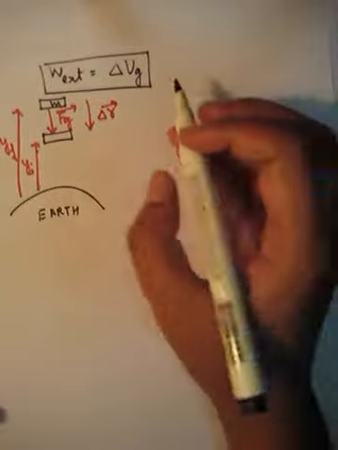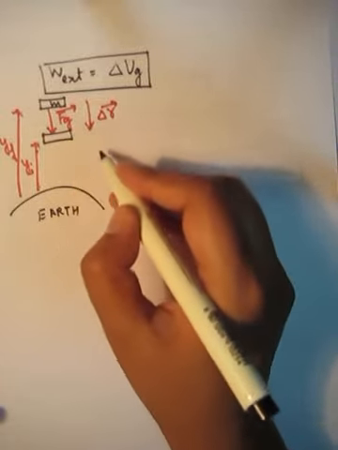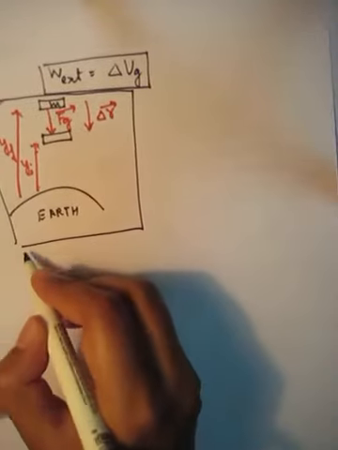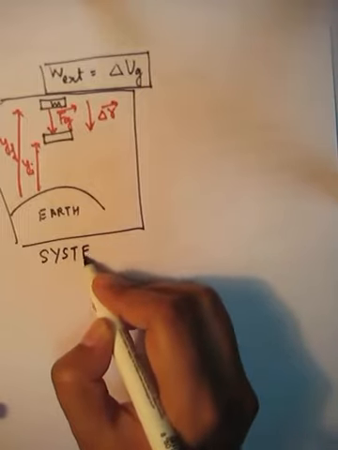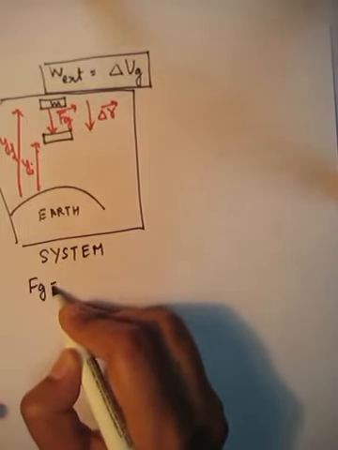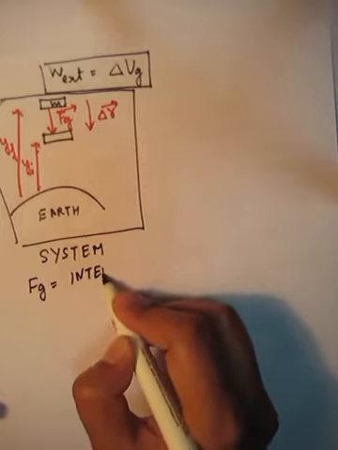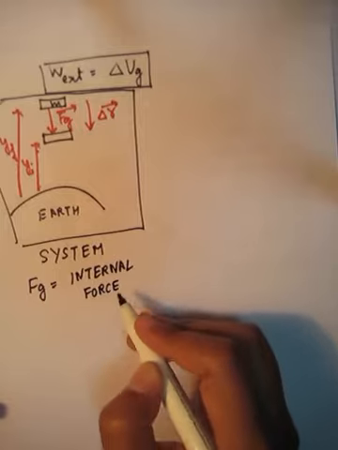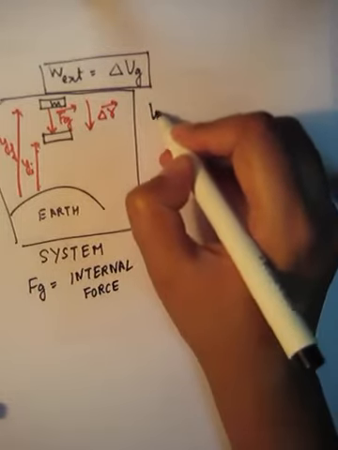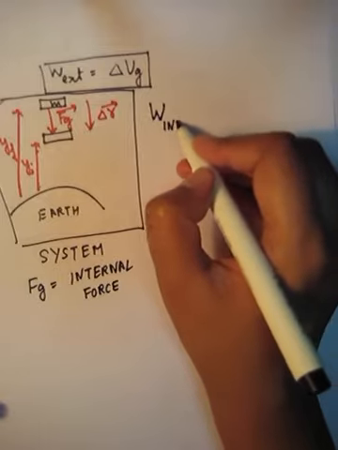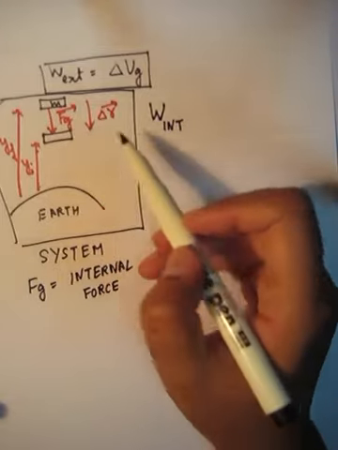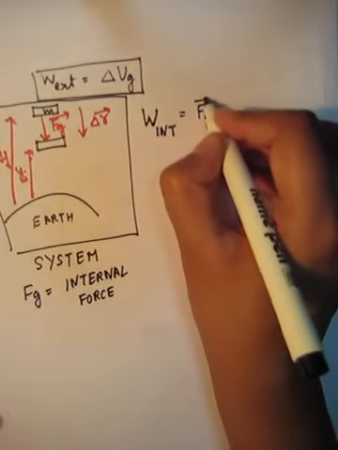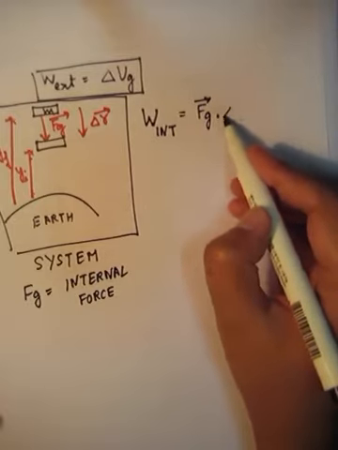So in this situation, now this gravitational force is the internal force to this system. If this is your system, the gravitational force is internal force. Okay, so we say that the work done by the internal force, because gravitational force is internal force, will be the gravitational force dot the displacement.